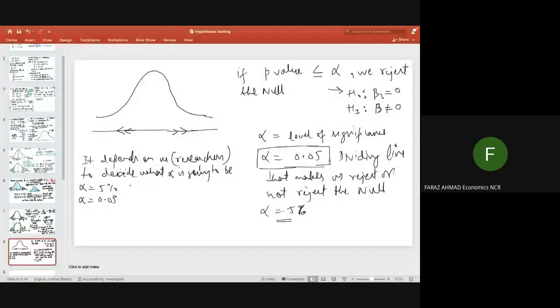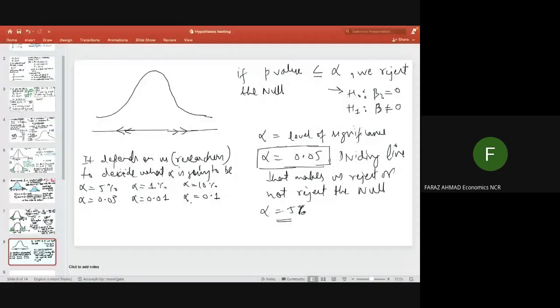We decide how much alpha we want, right? It's not given to us. We can decide alpha to be 5%, in other words 0.05. We can decide alpha to be 1%, that means we can call it 0.01. We can decide alpha to be 10%, in that case alpha would be 0.1.